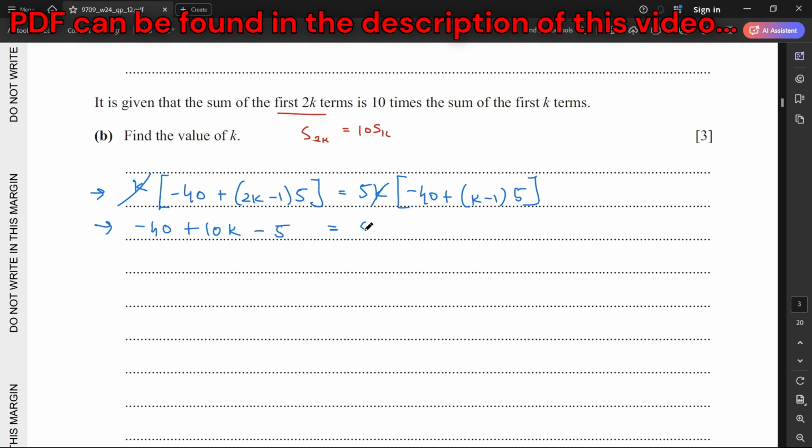On my right hand side, I am having 5 times minus 40 plus 5k minus 5, and therefore minus 40 minus 5 comes out to be minus 45 plus 10k is equal to 5 into minus 40 is minus 200, and then plus 25k, and lastly 5 into 5 is minus 25.